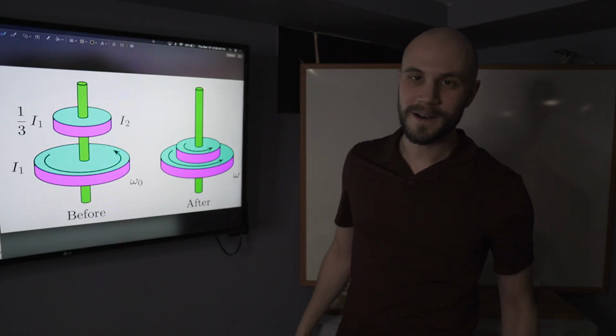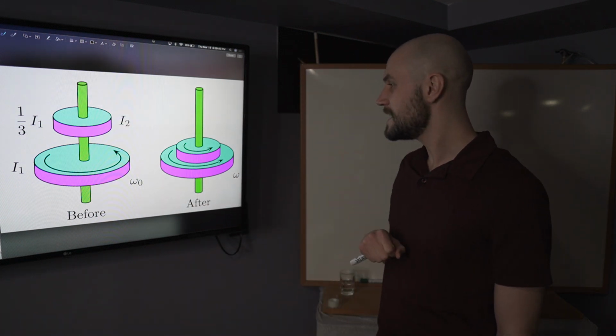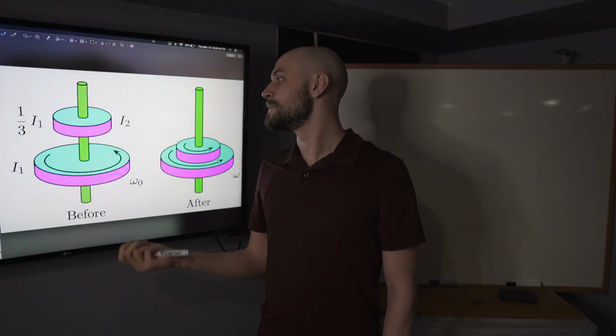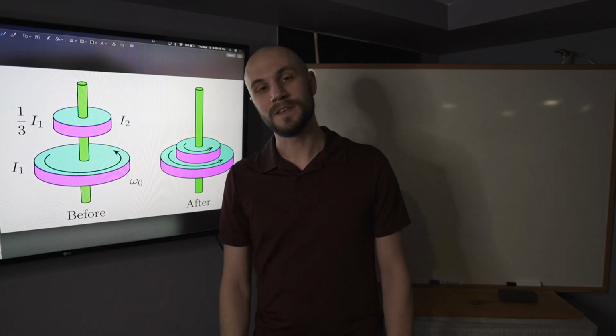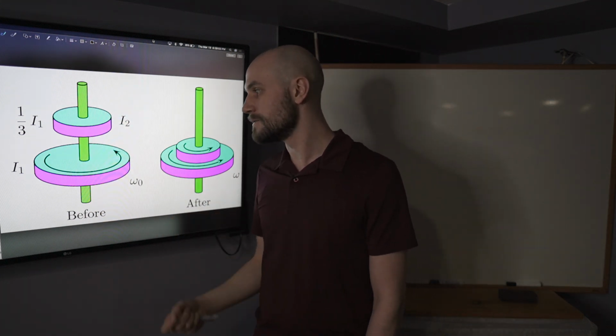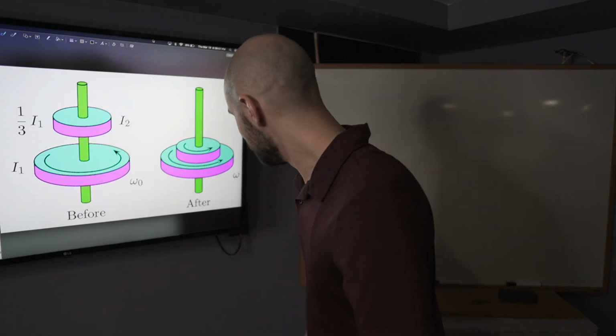Our goal is to figure out how fast the system is going to rotate after the collision. Given: I2, the smaller disk, has 1/3 of the rotational inertia of disk 1. So how are we going to solve this?